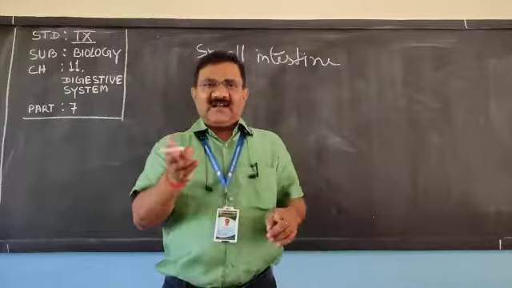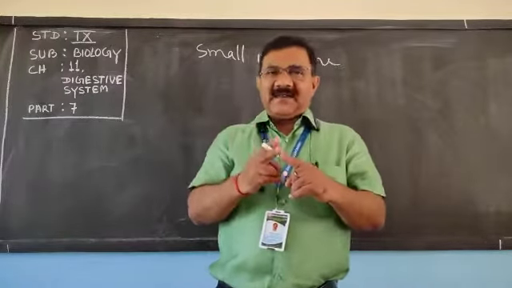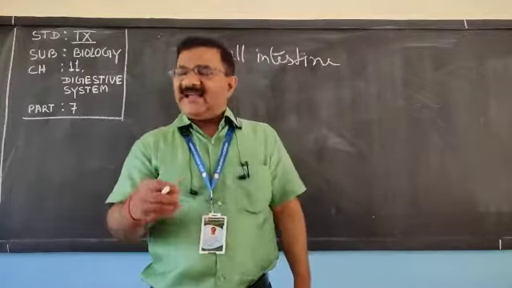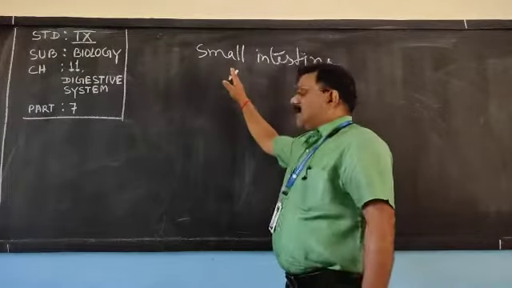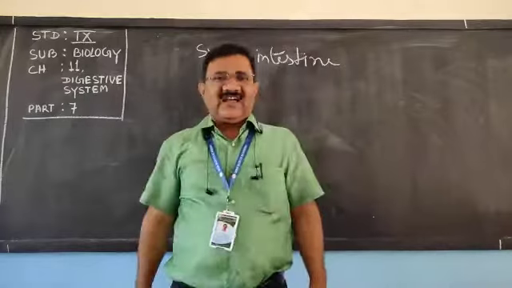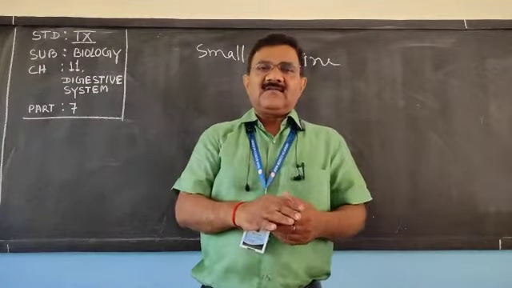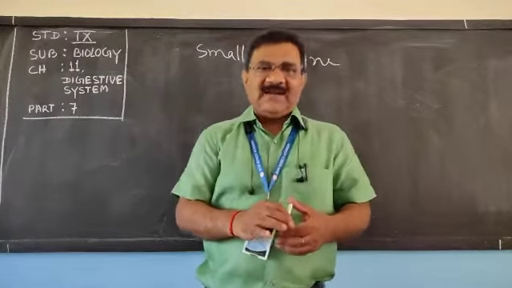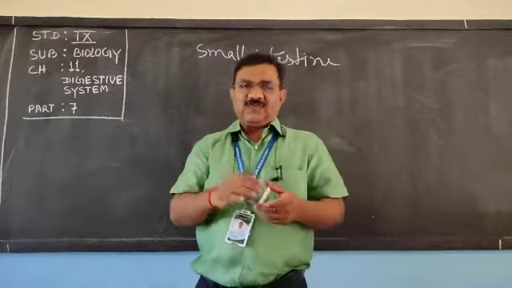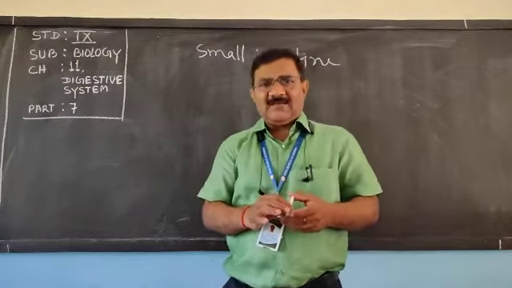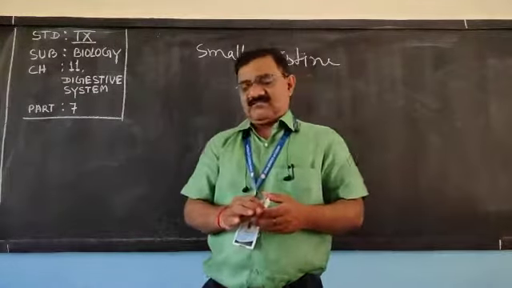That bile is secreted by the liver and is temporarily stored in the gallbladder. Through a common bile duct it enters the duodenum part of the small intestine, and bile contains two things: pigment and salt. The two pigments are bilirubin and biliverdin, and the salt is sodium bicarbonate.